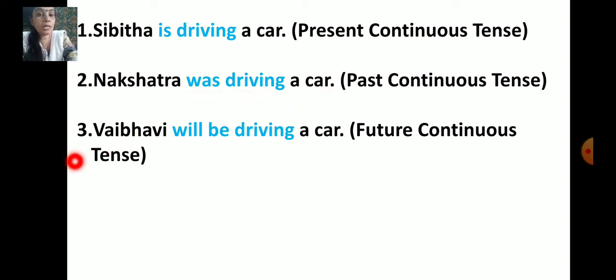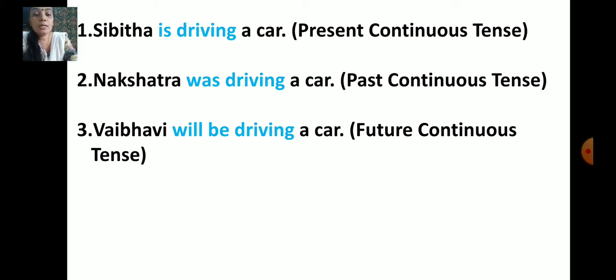Number 3, Vaibhavi will be driving a car. So in the first sentence, the verb driving indicates that the action is going on. Sibitha is driving a car. So the action is going on or it is continued.